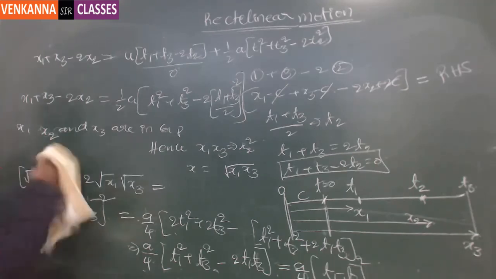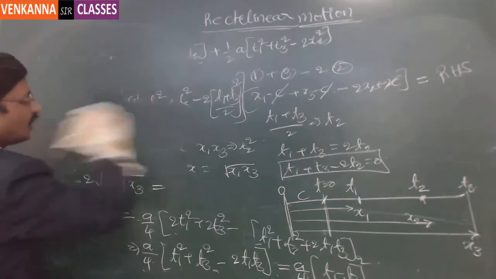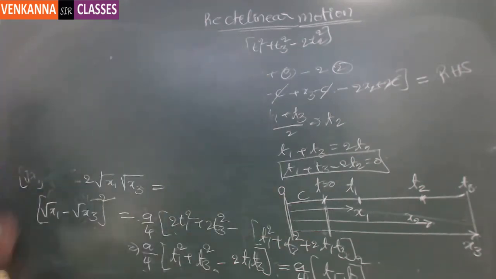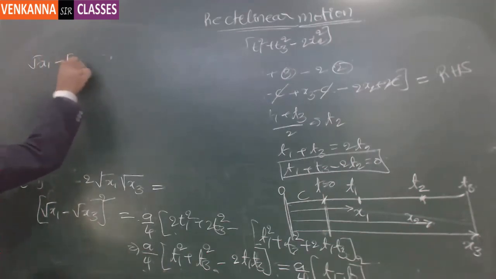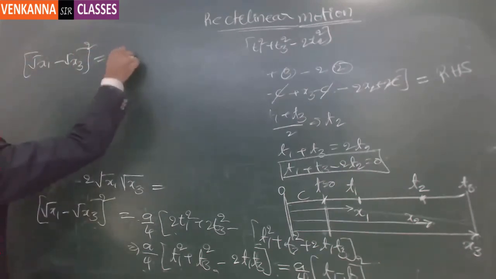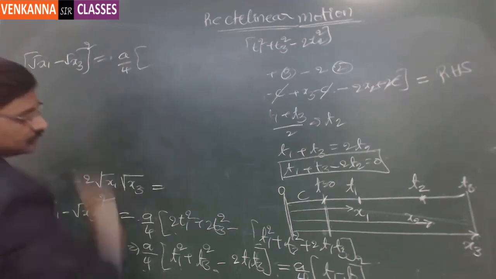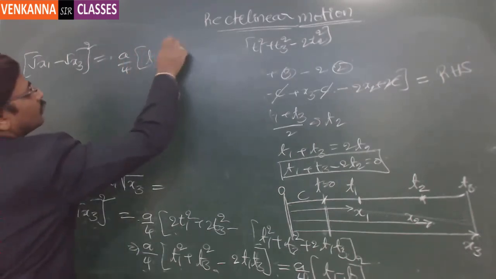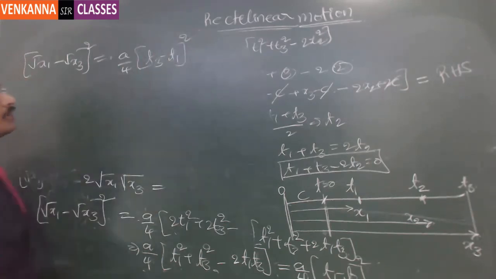So from this relation, left hand side what we have got is, square root of x1 minus square root of x3 whole square is equal to right hand side a by 4 times, so t1 minus t3 I can write as t3 minus t1 because it won't make any difference because of the square on the top.